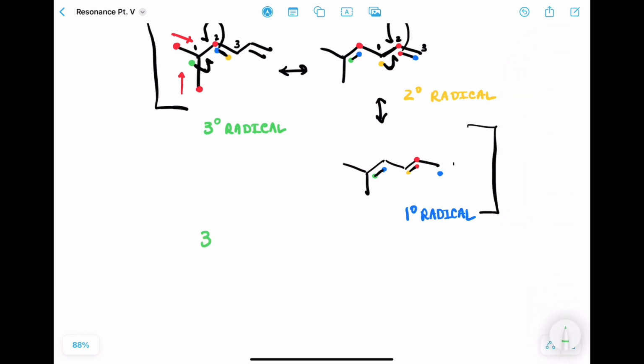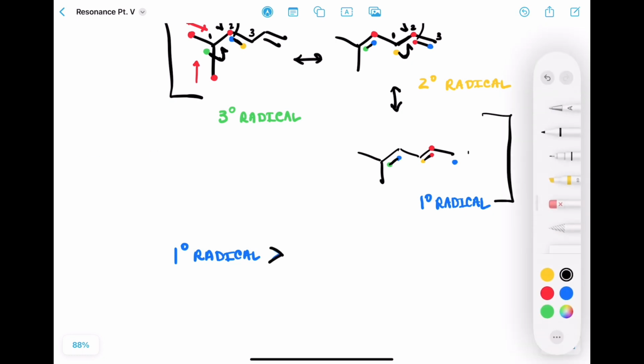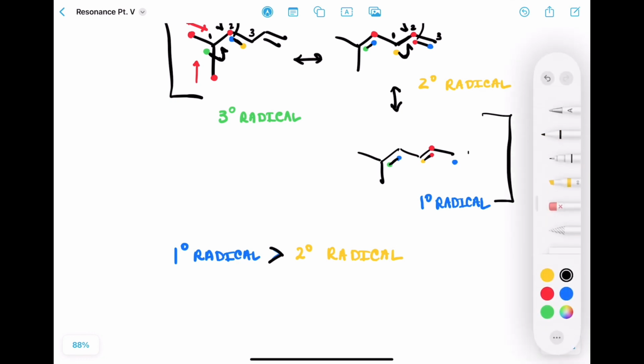So I'm going to go ahead and do a tertiary radical. A primary radical is more stable than a secondary radical, which is more stable than a tertiary radical.